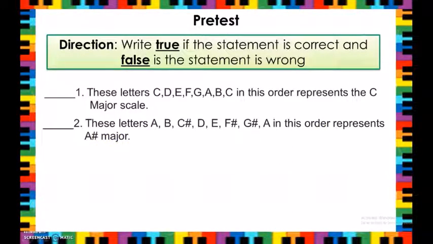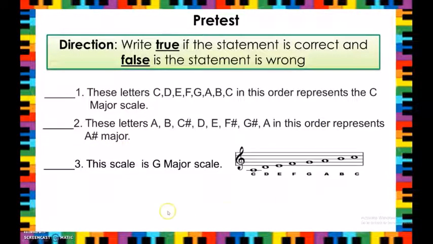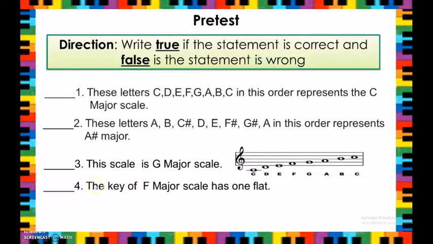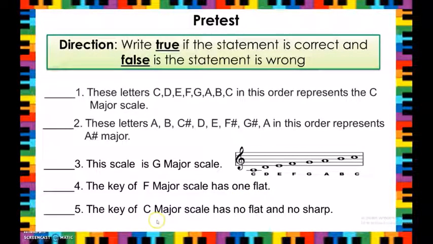Number 3. This scale is G major scale. Number 4. The key of F major scale has no flat. Number 5. The key of C major scale has no flat and no sharp.